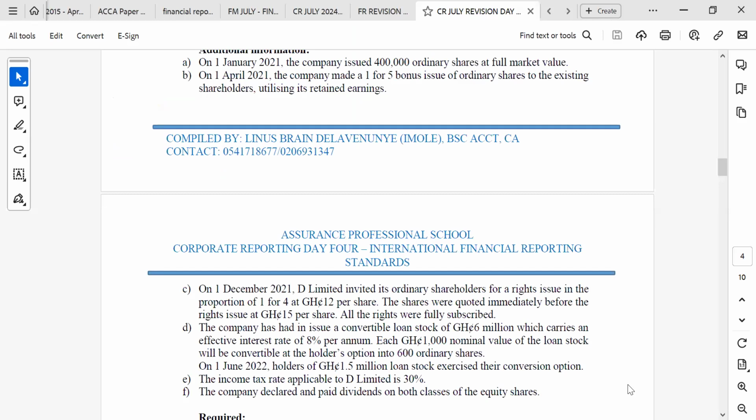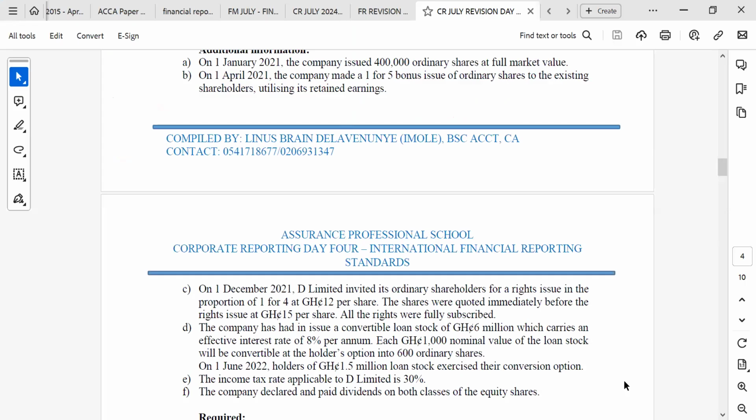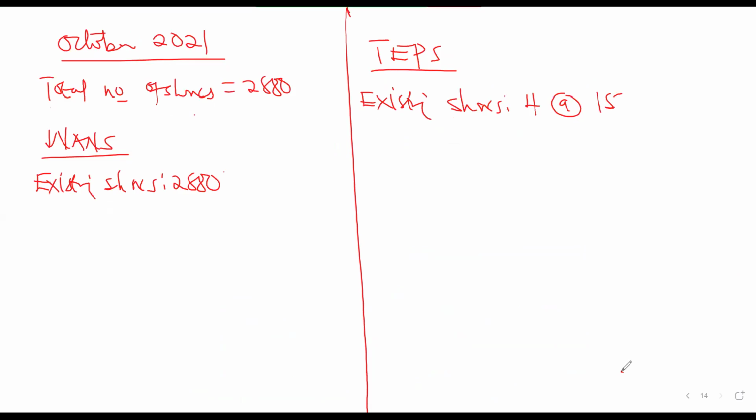The existing shares will always be the last one. So 1 for 4. These shares are trading at 12 cedis per share, and 12 cedis is the offer price, which is the rights issue price. So if you weight this particular one, we are getting 60.